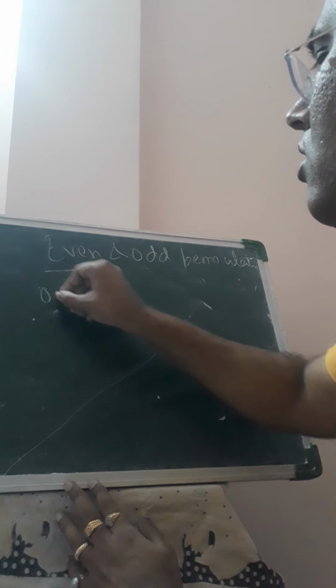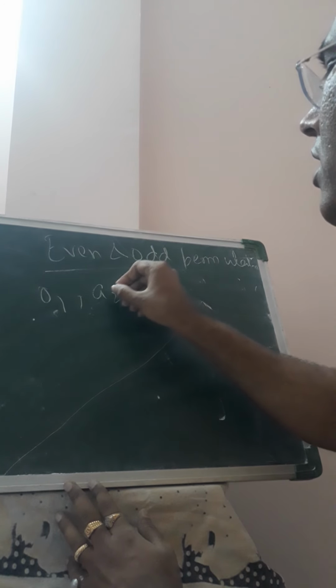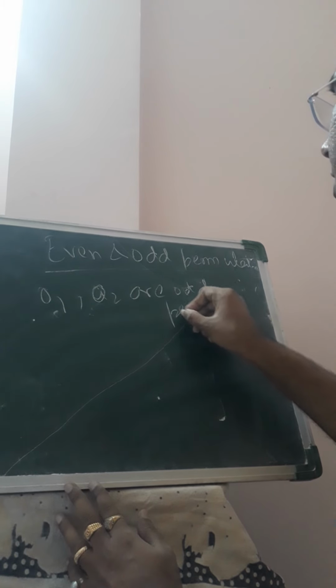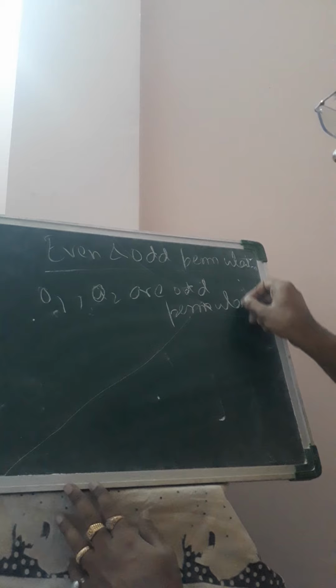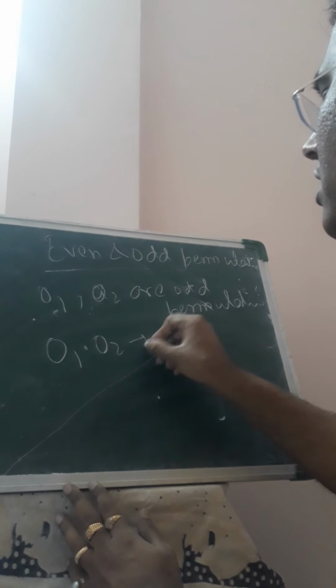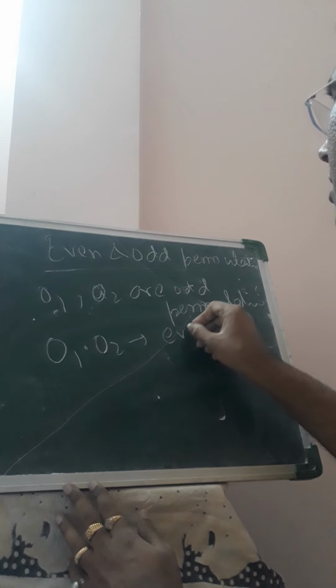Moreover, if O1 and O2 are odd permutations, then O1 times O2 is an even permutation.